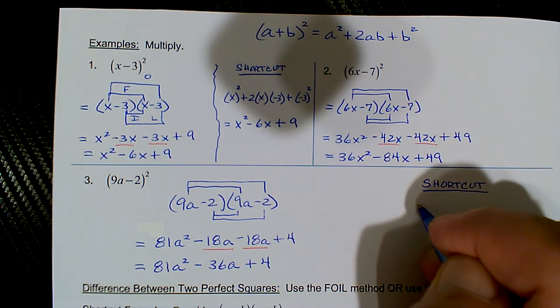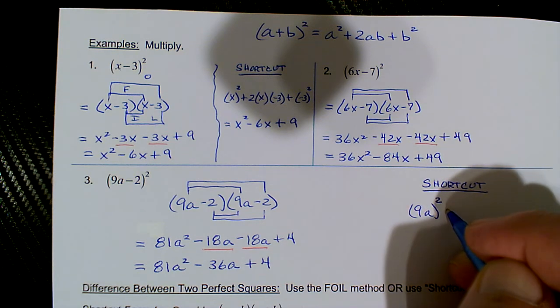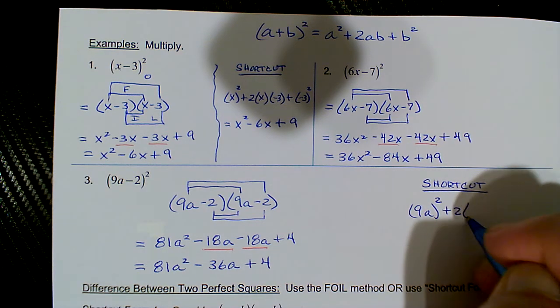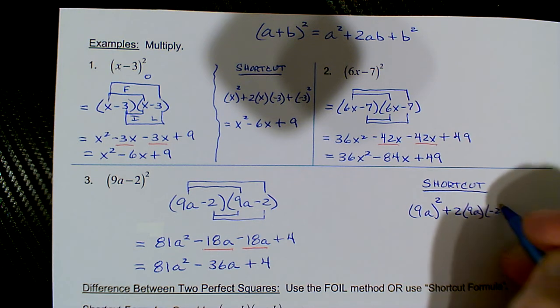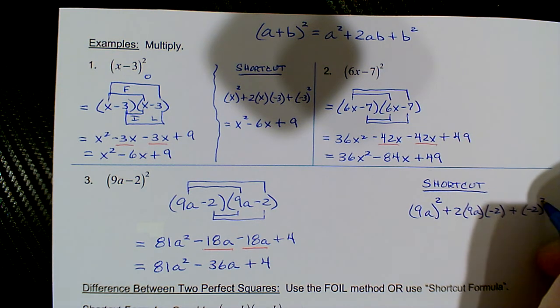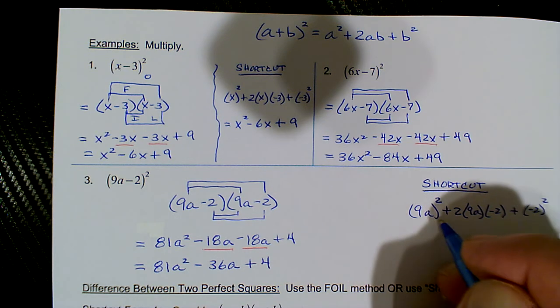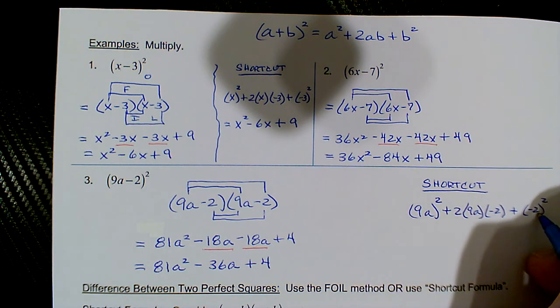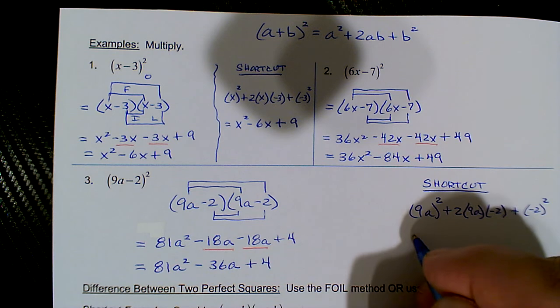But the idea is that you take the first term, 9a, and you square it, and then plus 2 times the product of the two terms, 9a and negative 2 in this case, and then plus the second term of the binomial, sign included, quantity squared. So that's your a squared plus 2ab plus b squared in accordance with the shortcut formula.